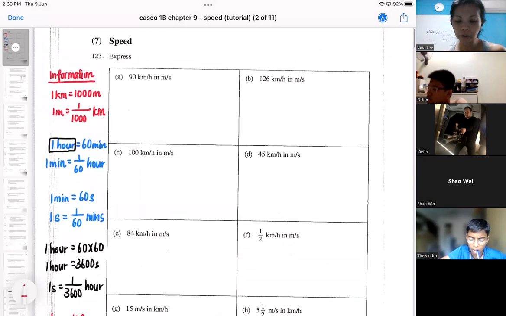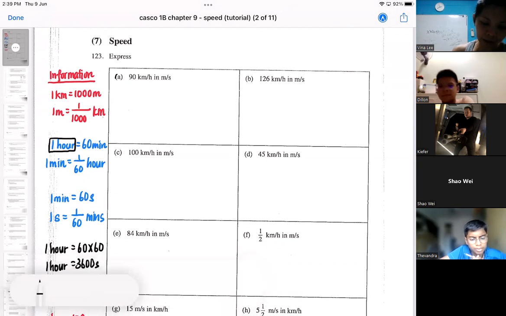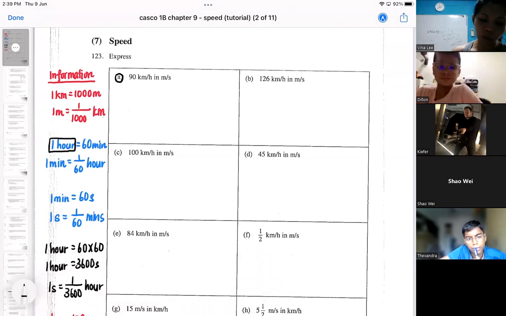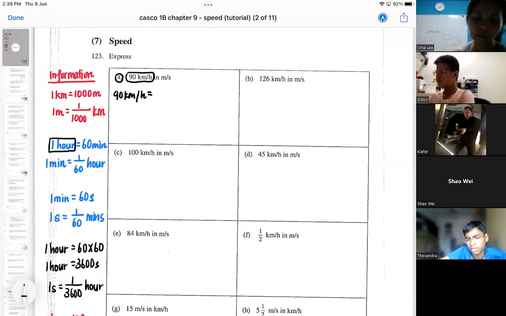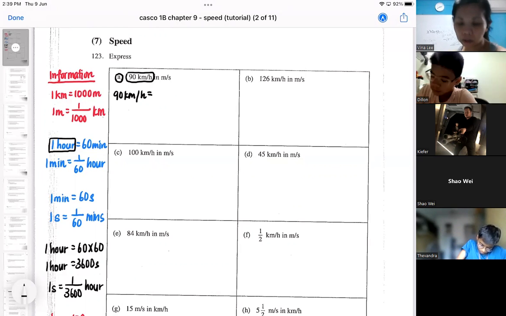I'm going to show you the idea of conversion that I always use. For example, if you look at part A, you will need to convert 90 kilometers per hour. What is the meaning of 90 kilometers per hour?